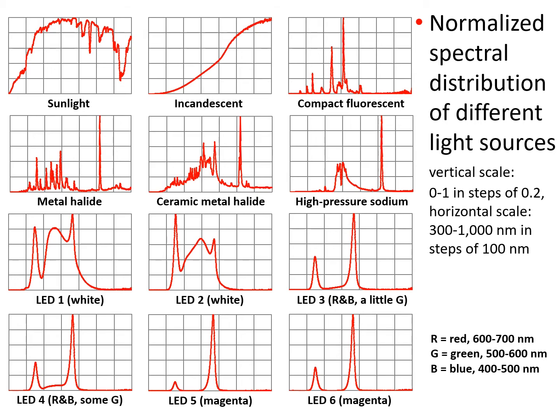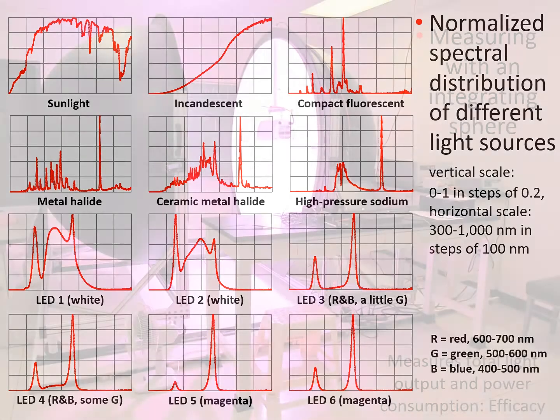The vertical scale is from 0 to 1, and the value of 1 represents the maximum intensity across the 300 to 1000 nanometer waveband. The bottom 6 graphs are for LED lamps, and they show that even within a particular lamp type, there can be important differences in spectral output.